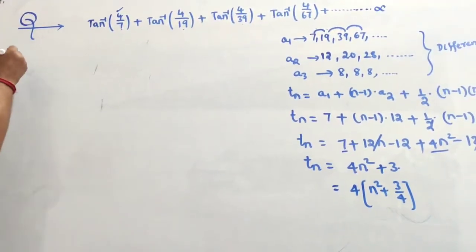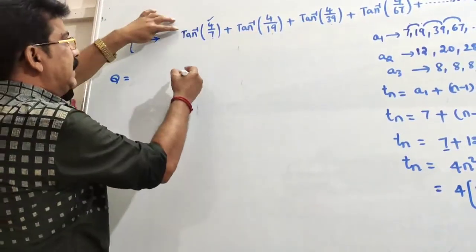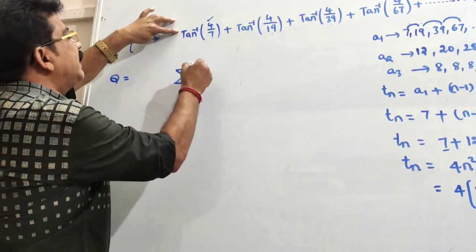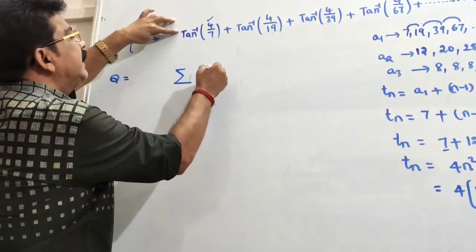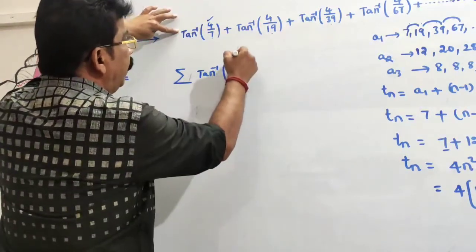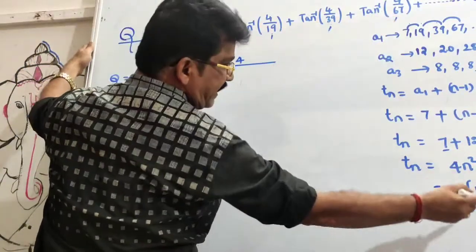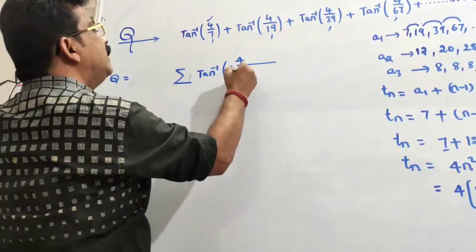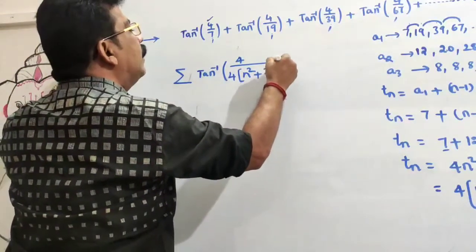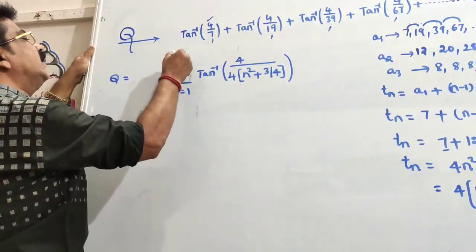So the question can be written in terms of sigma of Tn. Tn means tan inverse of 4 divided by, for the denominator we can write the nth term, 4 into n square plus 3 by 4, n equal to 1 to n.